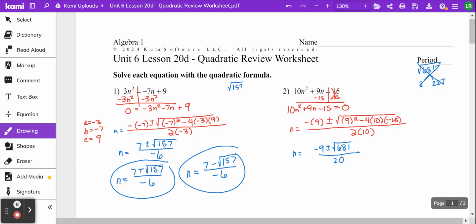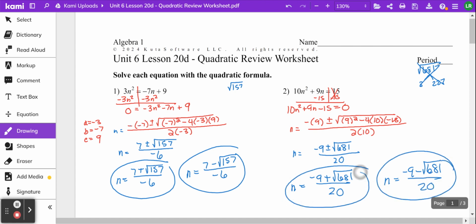Okay, so nothing needs to be simplified, just like in the first one. So I just write my two answers. Negative 9 plus square root of 681 over 20, and negative 9 minus square root of 681 over 20. Those would be our two solutions.